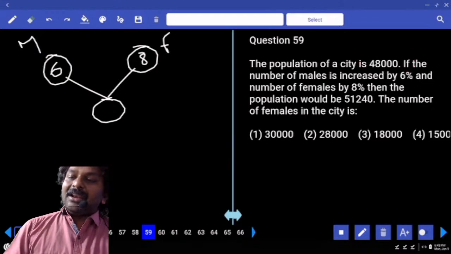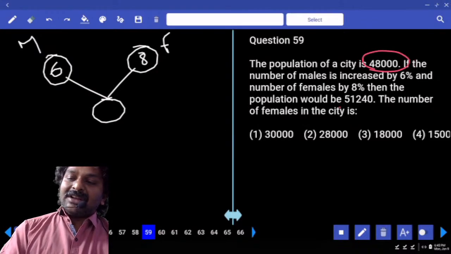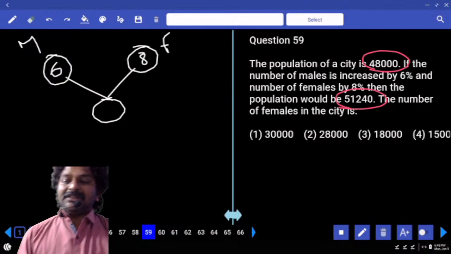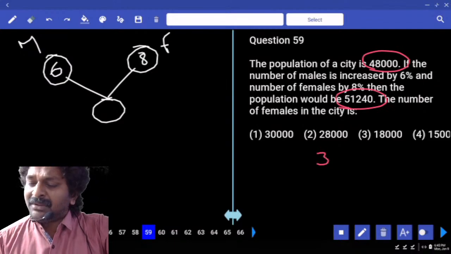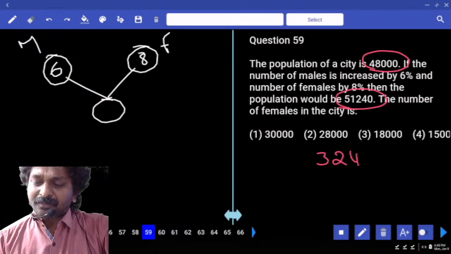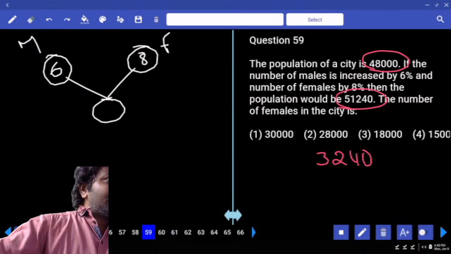Now, earlier total population was 48,000. Now it becomes 51,320. That means the value increases by 3240.